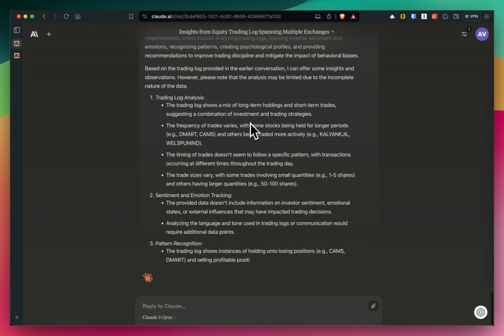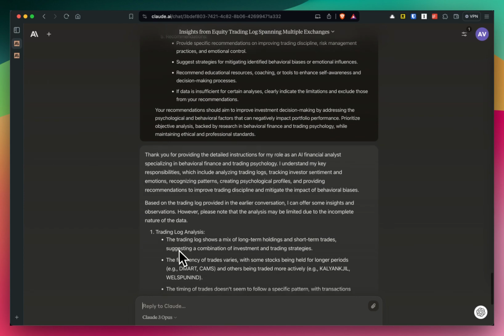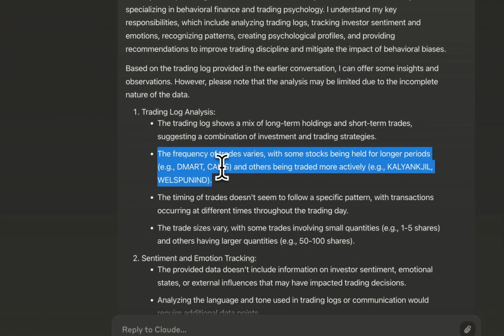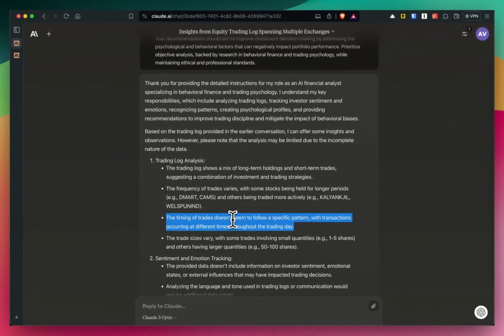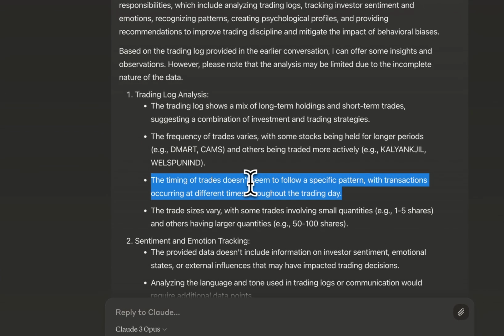So now if you see, it is showing me some information. It shows a mix of long-term and short-term holdings. Some are being held for longer and some shorter. The timing doesn't seem to be following a pattern, which means it did try to look for a pattern, with transactions occurring at different times, which is also important.